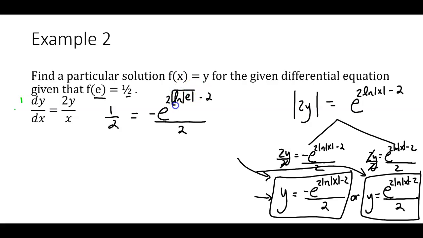Well, remember, what is ln of e equal to? ln of e equals 1. So now 2 times 1 is 2, minus 2 is 0, right? So if I put this together, I just get 0.